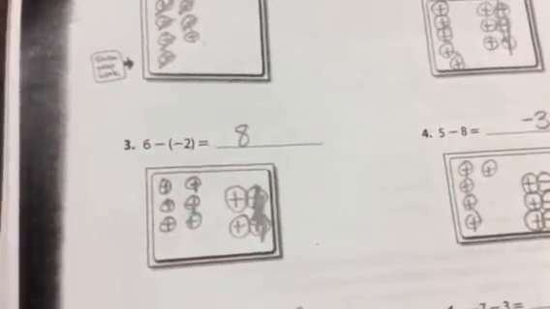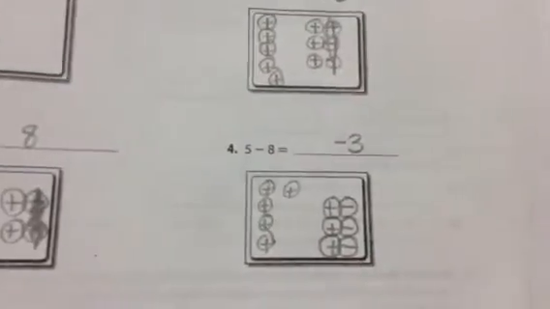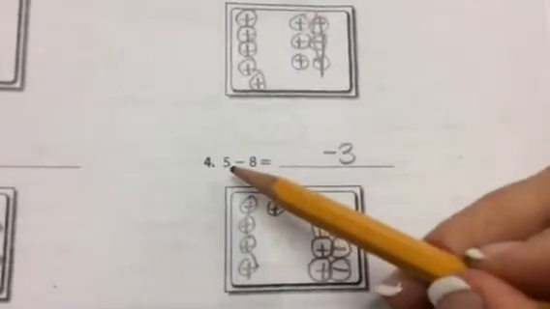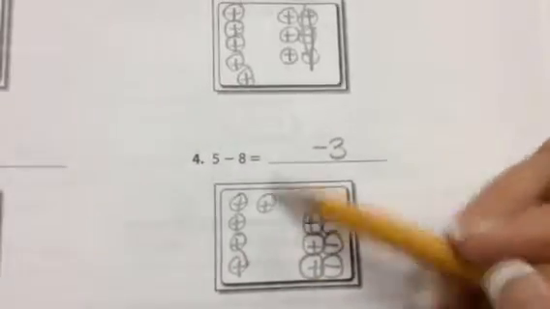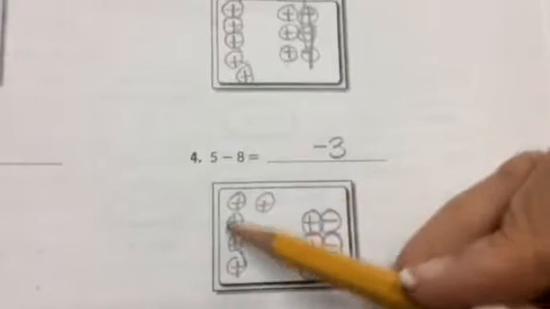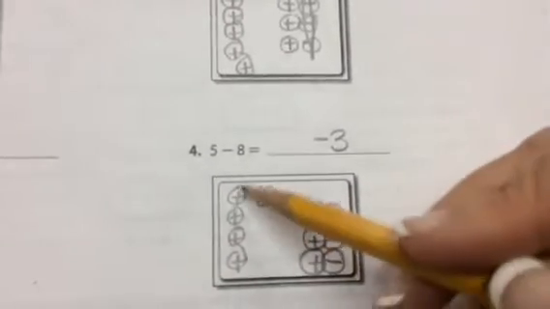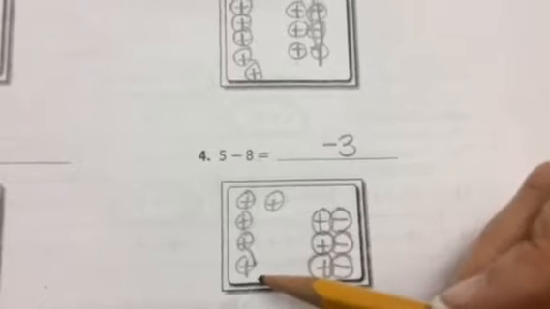Did you get it? All right, pause the video, try number 4, see if you got it. Okay, number 4, I'm starting with 5 positives: 1, 2, 3, 4, 5. I'm taking away 8 positives. How can I do that? I only have 5. I can take away 5, but I can't take away 8.